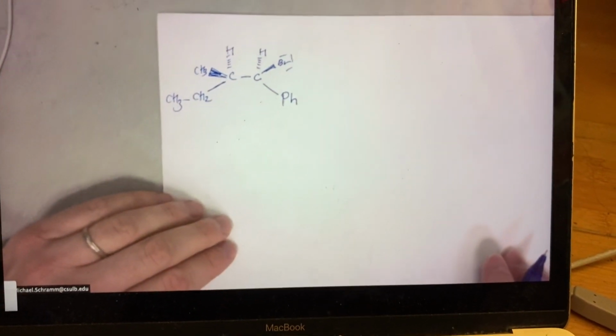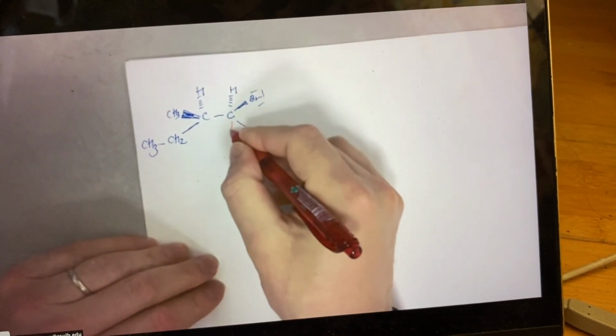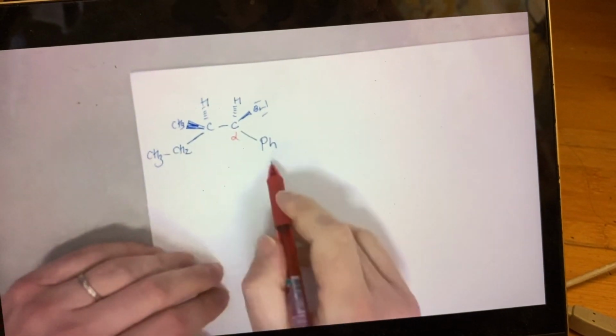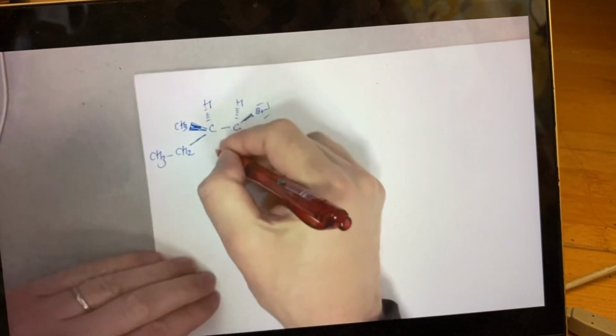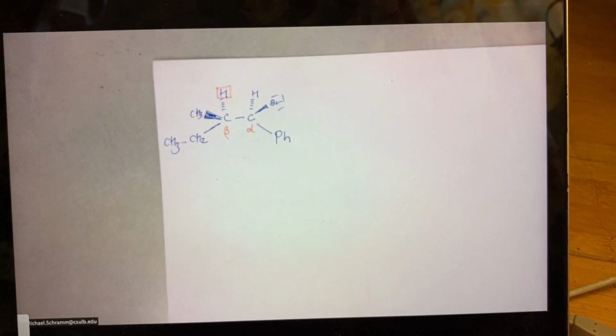There's one alpha position. There's two beta positions. But this one is the only one that has a hydrogen at this particular location. Okay, so those are the key bits.